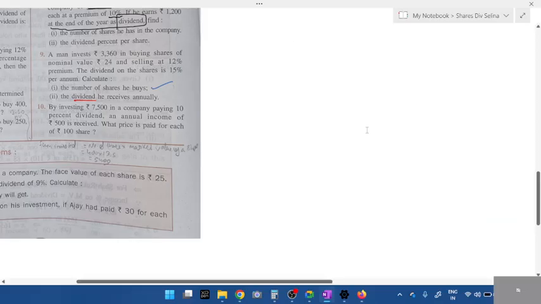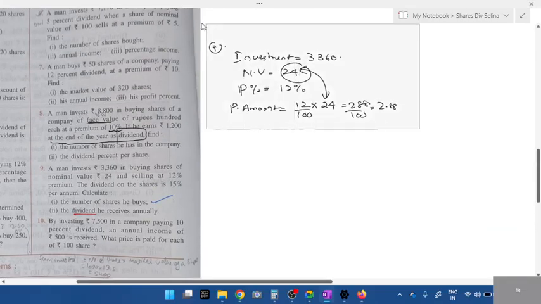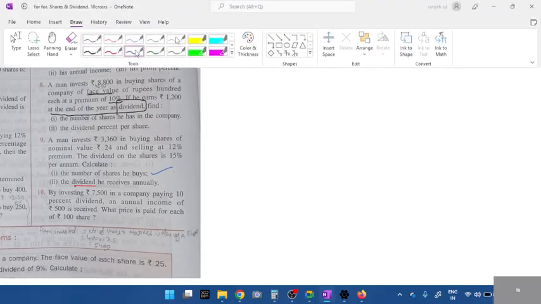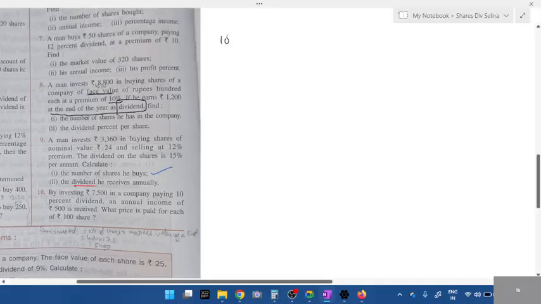Which one? Okay, I'll do it. Just check. Investment 77,500, company paying 10% dividend.